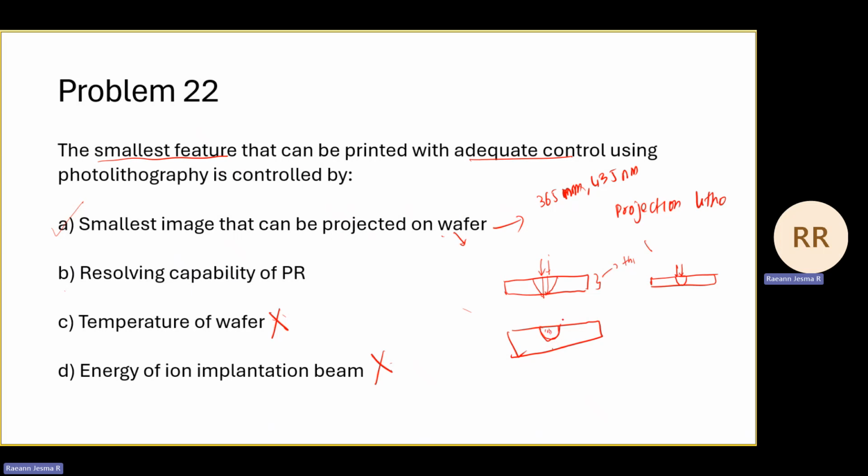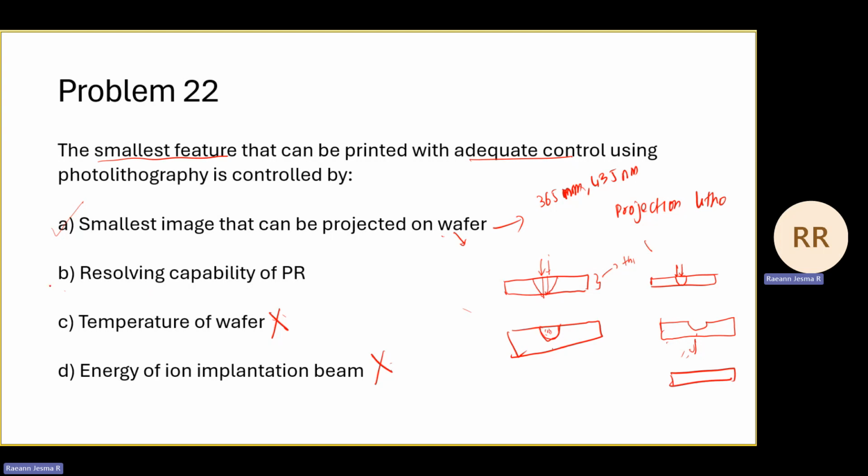So when you put it in a developer, if it is a positive photoresist, you will get something like this. There will be some amount of photoresist that is still present. And if you go for etching, then you will not be able to etch any of your sample. When you strip your photoresist after the etching process, you will be left with the silicon wafer as such.